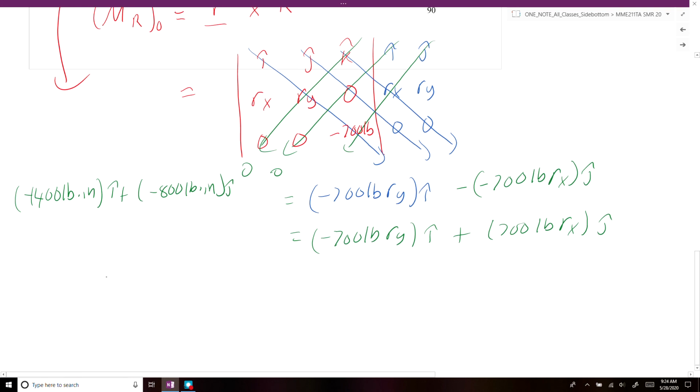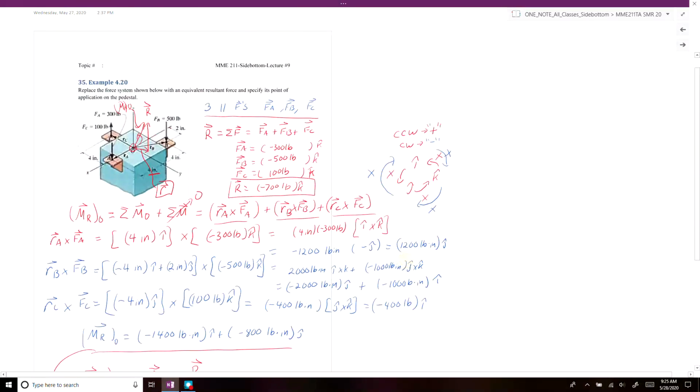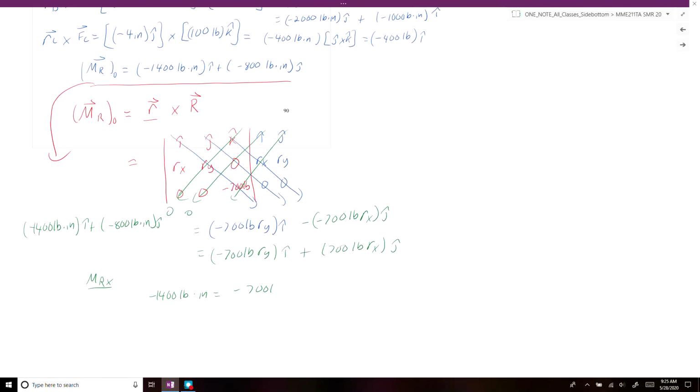If we set all of our X components equal to each other, we get minus 1,400 pound inches would be equal to minus 700 pounds times Ry. Ry would be equal to 2 inches.